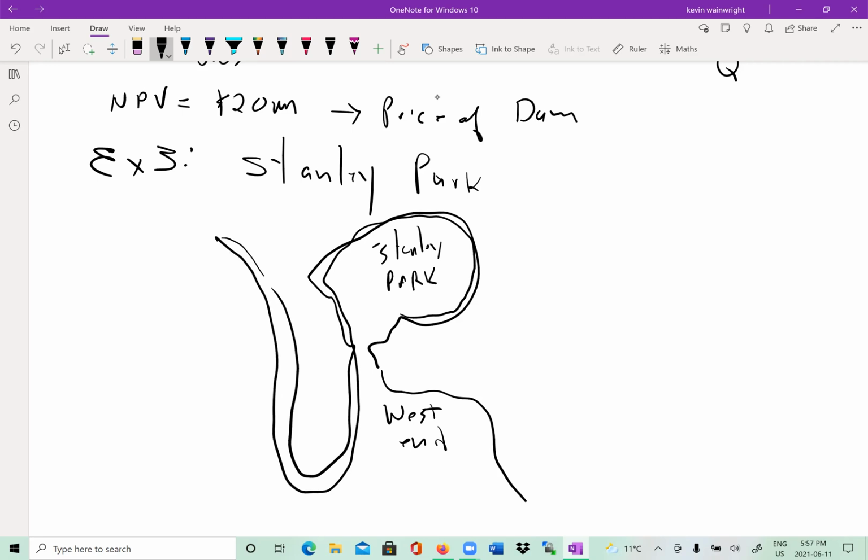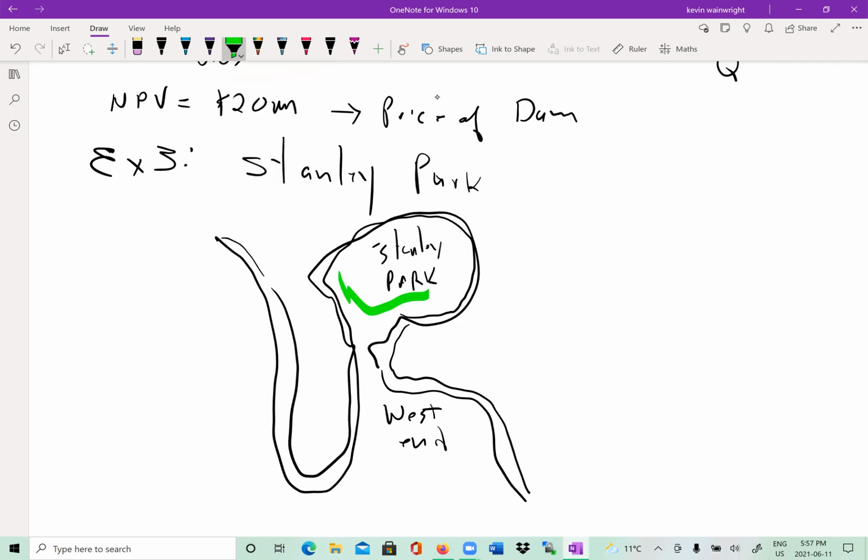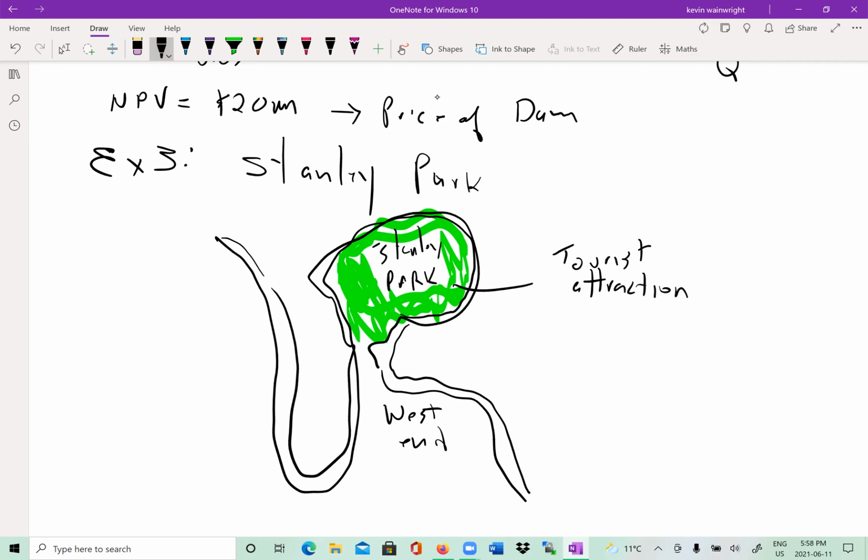And it carries on out to Kitsilano, carries down towards the Second Narrows. And otherwise, we have this big green park in the middle of downtown Vancouver. And it is one of the more scenic things Vancouver has to offer. And it is a tourist attraction. Okay.